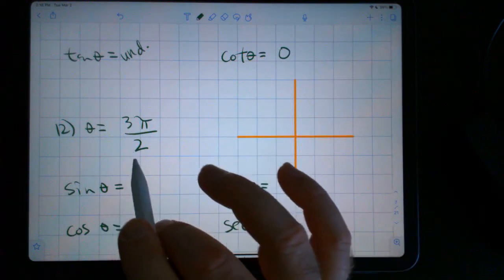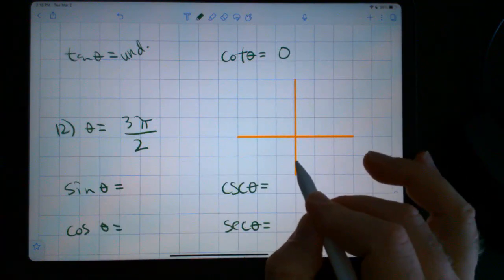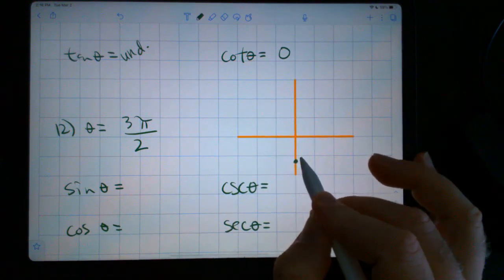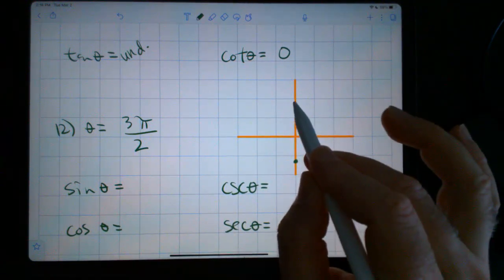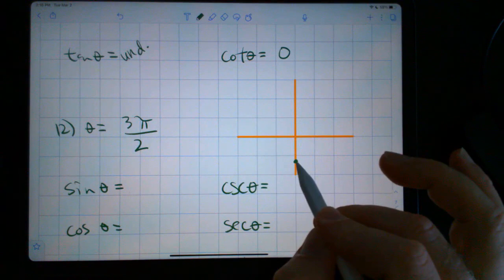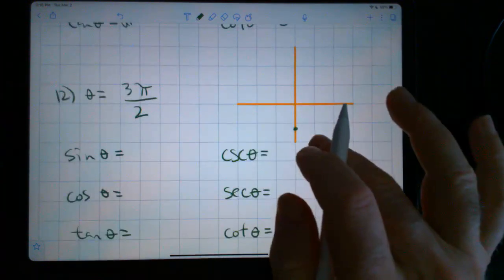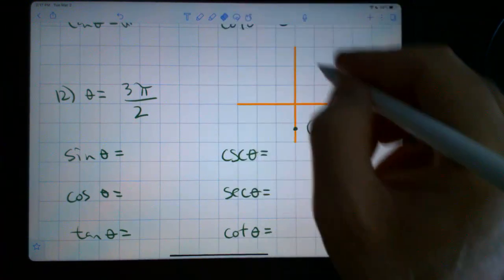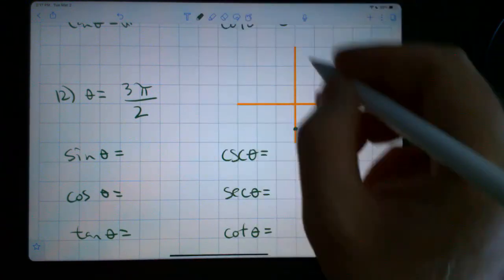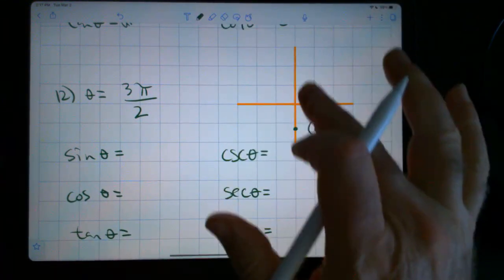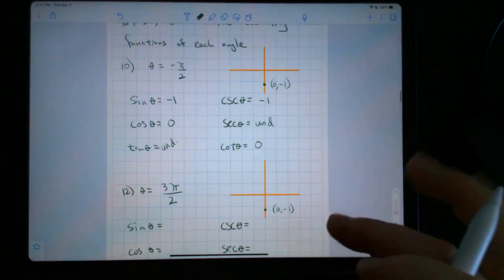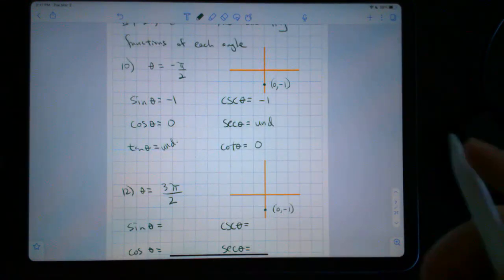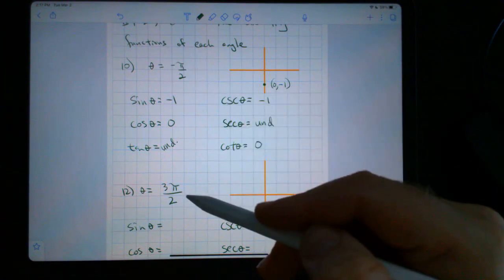Okay, 3 pi over 2 is going to be at the same position because this is 1 pi over 2, 2 pi over 2, 3 pi over 2. And this point is 0, negative 1. And we're going to get the same values because negative pi over 2 is the same as 3 pi over 2.